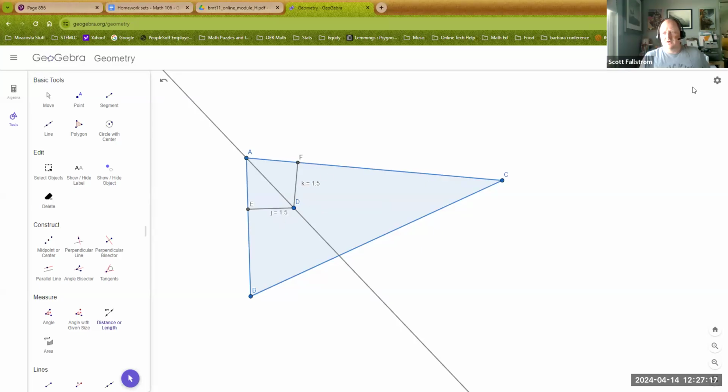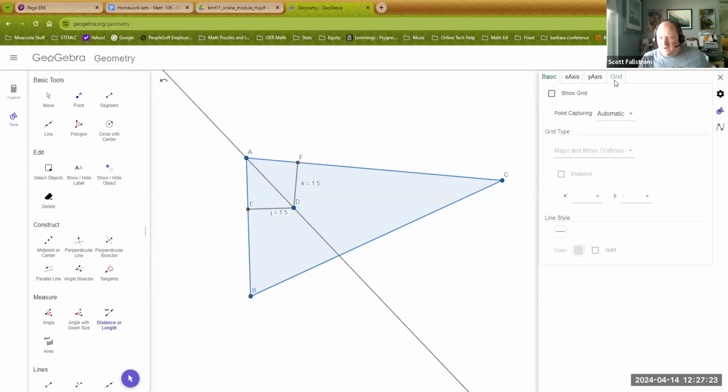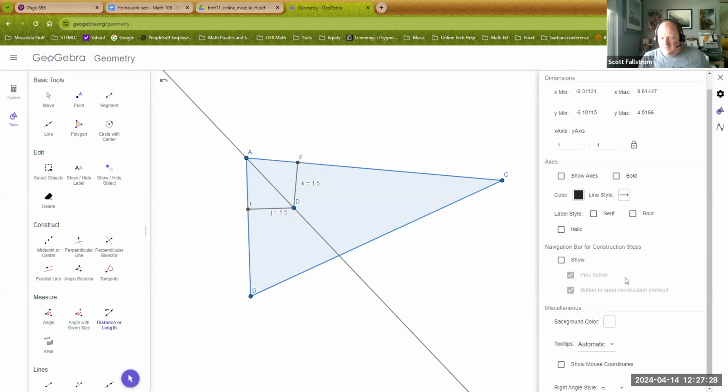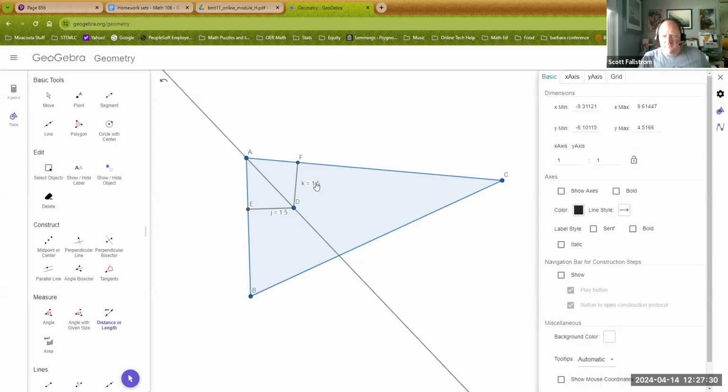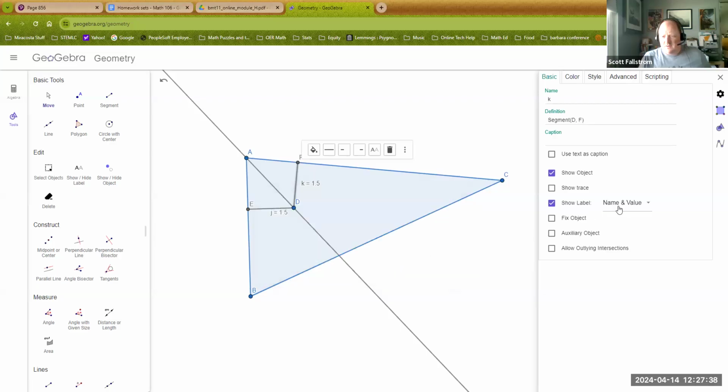And there we go. Let me try the settings over here. Oh, here we go.